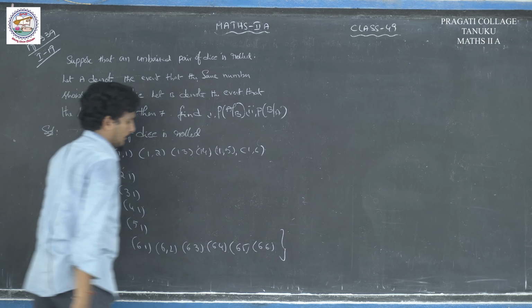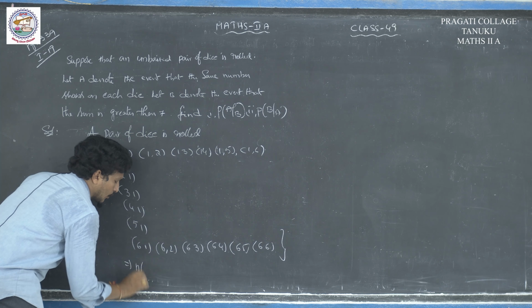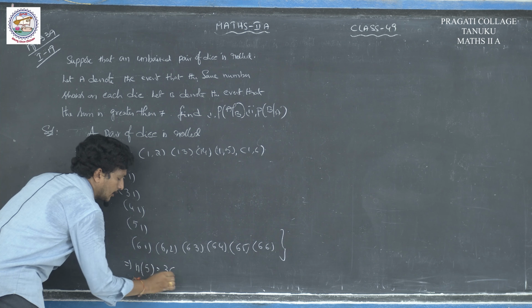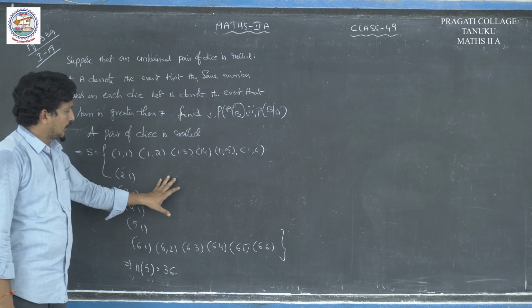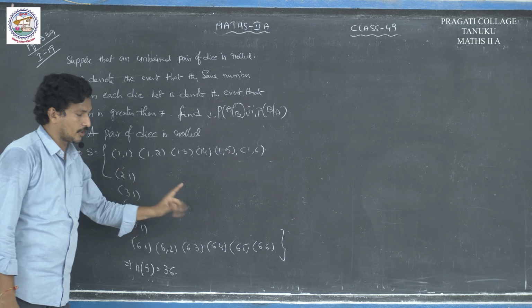There are a total of 36 possibilities, so n of S is equal to 36. Already in your notes the total possibilities are there.